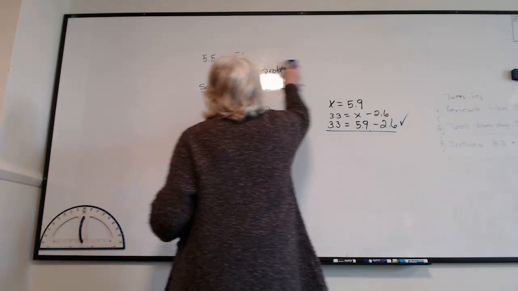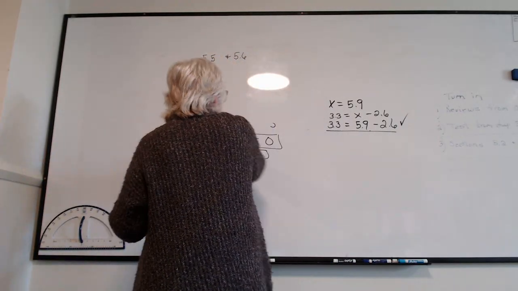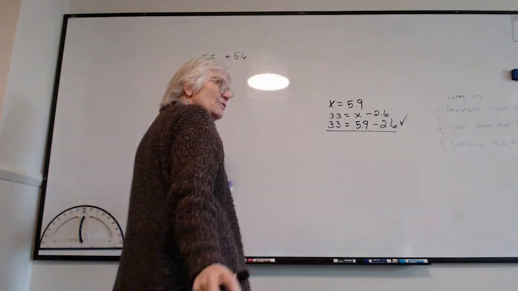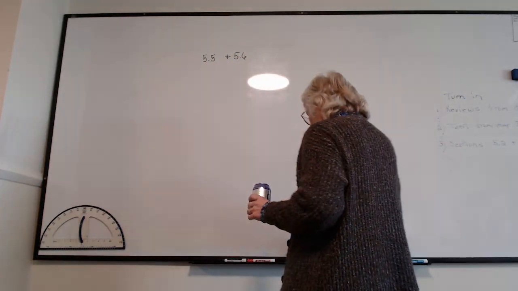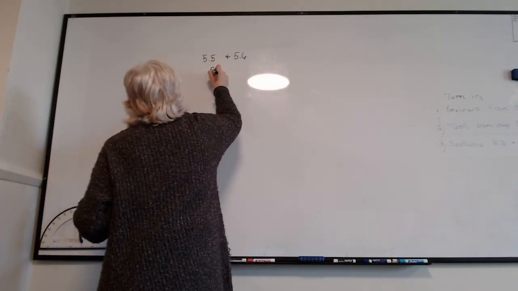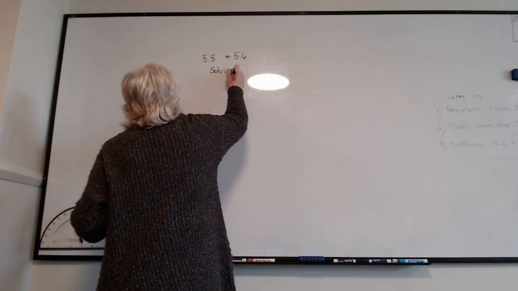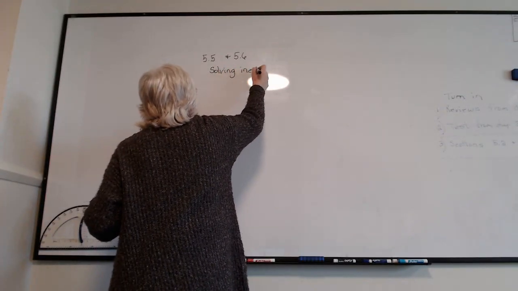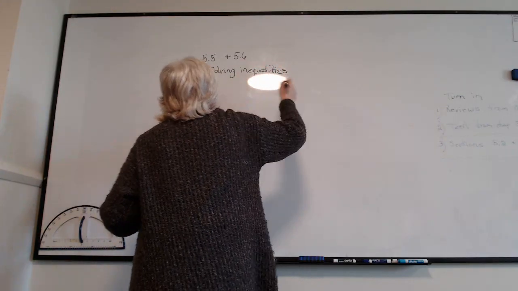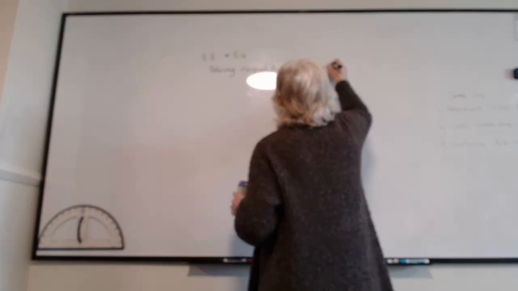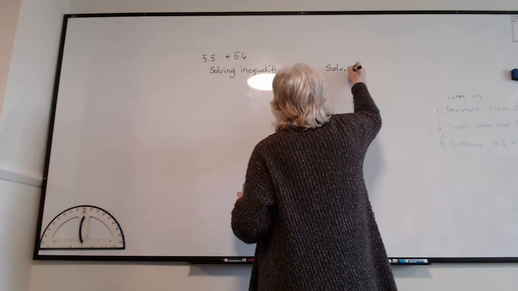So 5.5 is all about the equations. 5.6 is solving inequalities. Now, the difference between solving inequalities and solving equations.